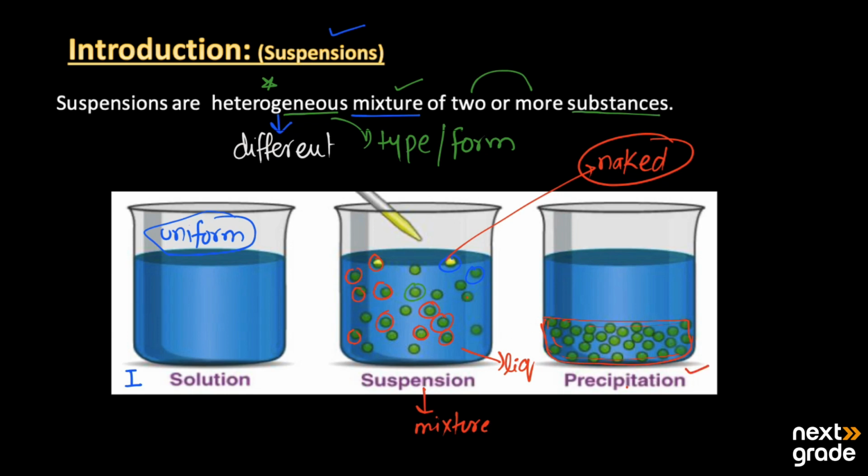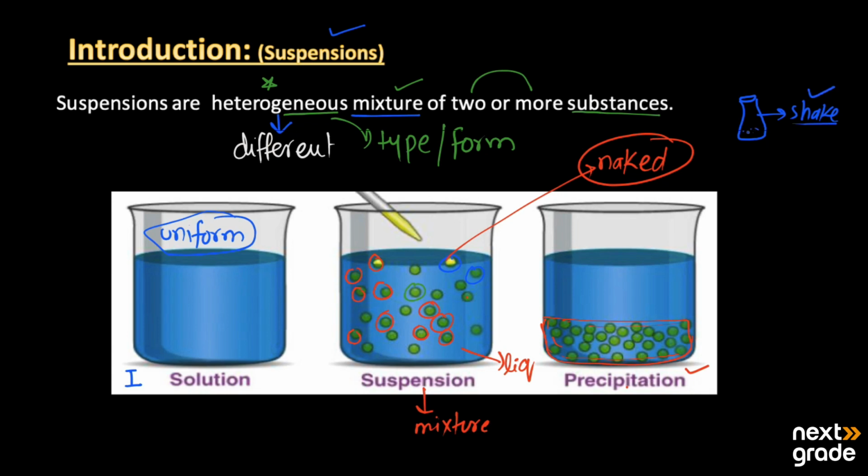A daily life example of suspensions is the syrup bottles we use at home. That is a suspension, and before using it, you have to shake it. Why do you have to shake the bottle before use?